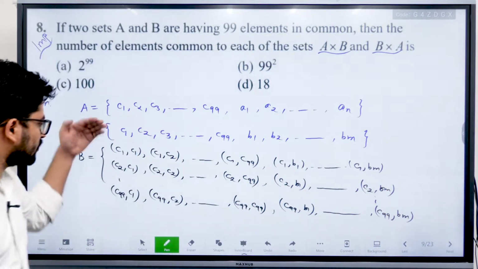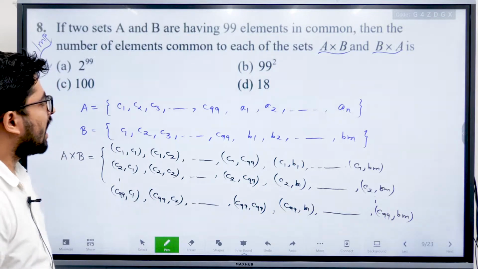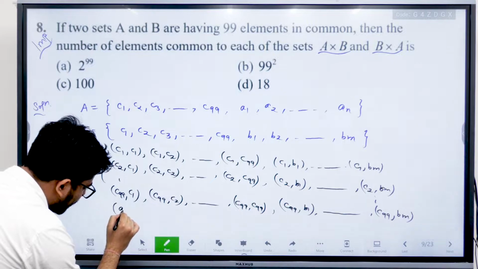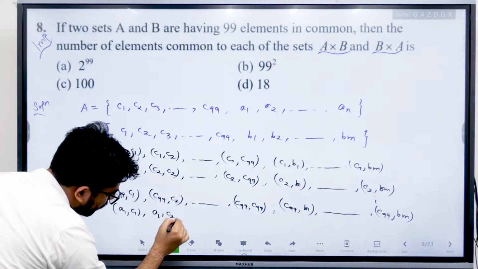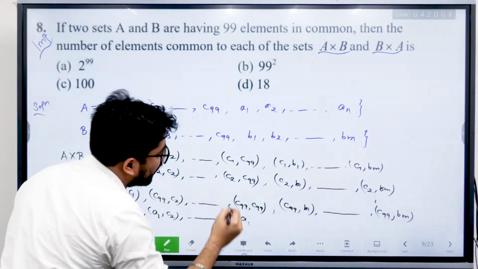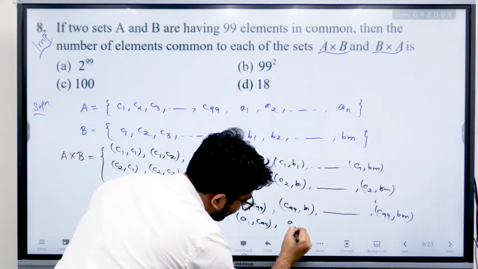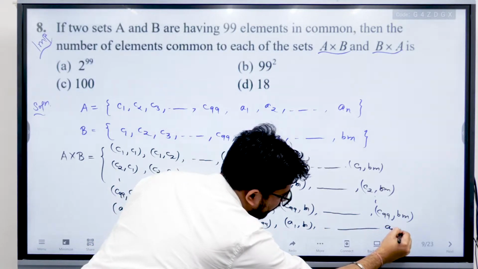Okay, this is for C1, C2, C3 and till C99. After that you have A1. So you have A1 C1, A1 C2 and so on. So A1 C99, and then A1 B1 and so on, A1 Bm.